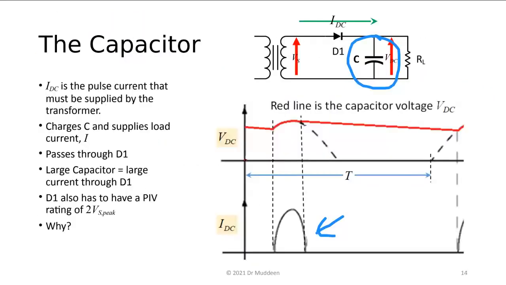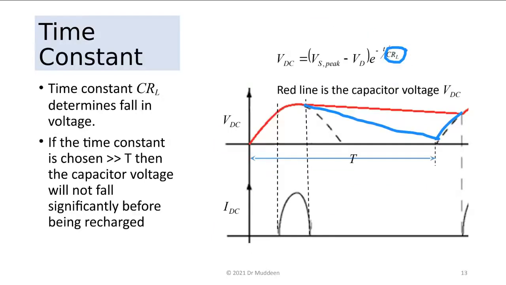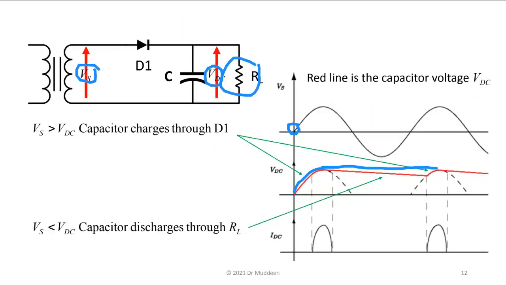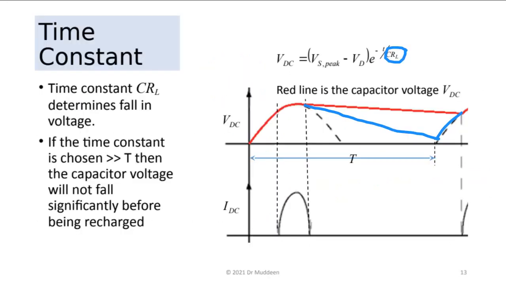All right, let's go to the full wave. Remember this is my signal here, the sinusoid. So this here is the charge period, which is exactly the period of the signal coming in.